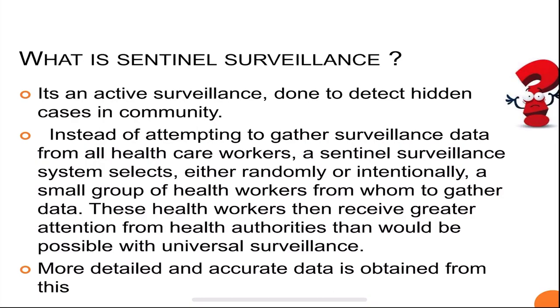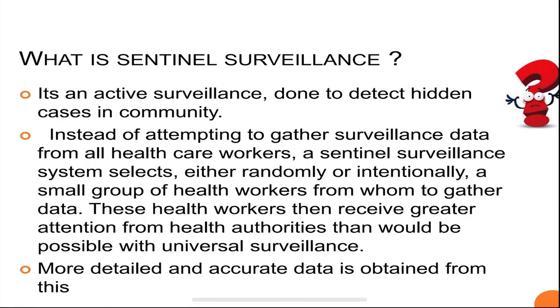Instead of attempting to gather the surveillance data from all the healthcare workers, ASHA workers and Anganwadi workers, a sentinel surveillance system will select, either randomly or intentionally, a small group of health workers from whom they can gather the data. Instead of going to each unit, they will allot a few people who will help us gather all the data.